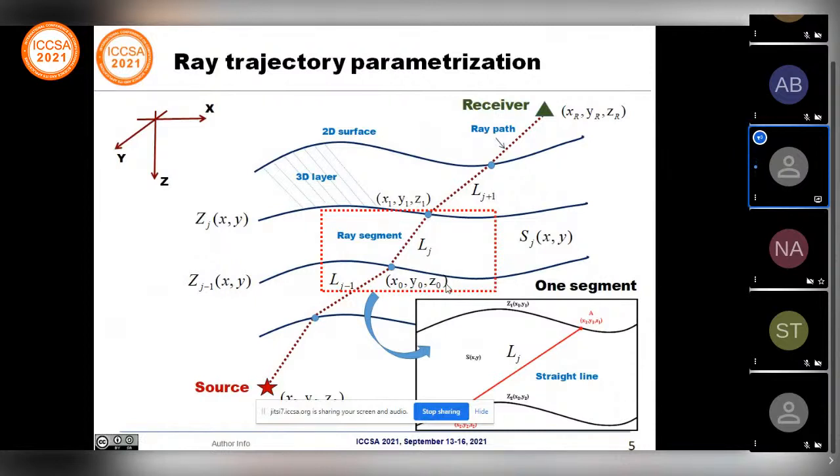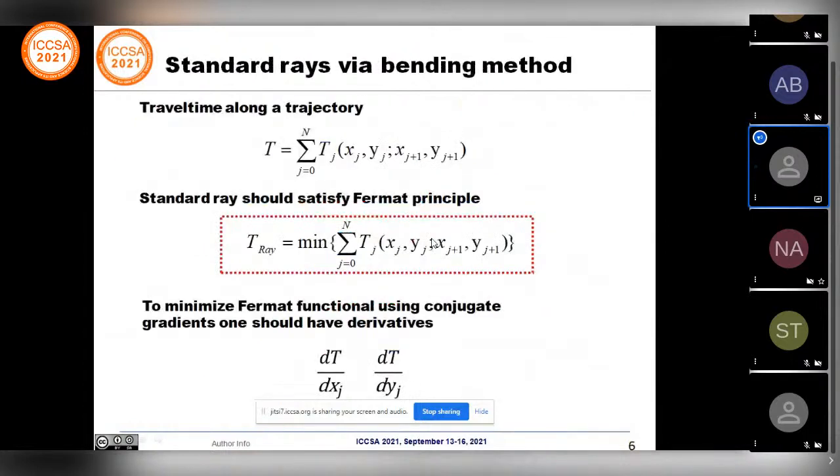The ray will be fully defined if the appropriate coordinates of intersection points x and y are defined. We aim to find a proper location of straight line segments to minimize travel time calculated along a trajectory. We call a set of coordinate pairs x and y the ray parameters.